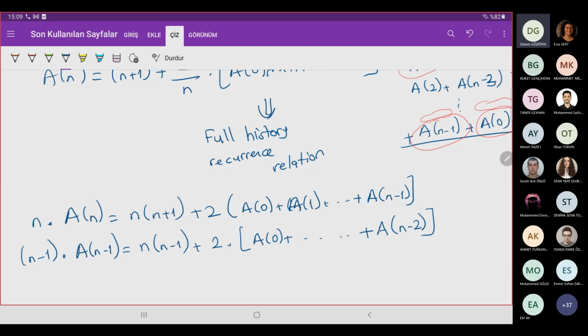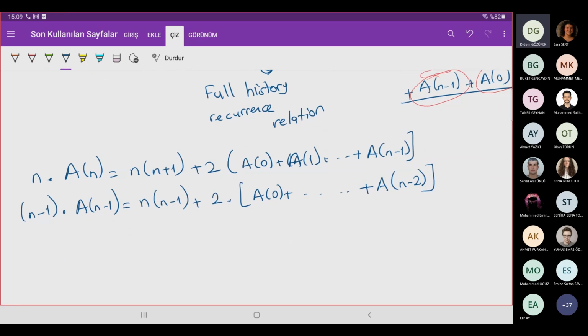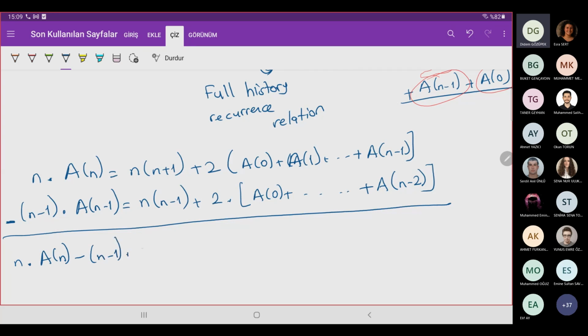I see many of the terms that I have already seen. If I subtract these, see what I obtain. When I subtract, it says that n times A_n minus (n minus 1) times A_{n-1} is equal to what? A_0 exists.